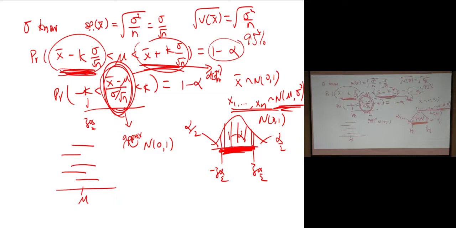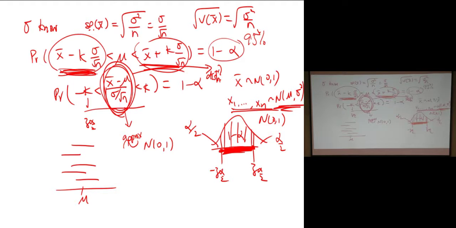This random interval will cover the true mean with a probability approximately equal to 1 minus alpha. So I can use the same confidence interval for samples taken from a normal distribution, and for samples not taken from a normal population but where the sample size is big.